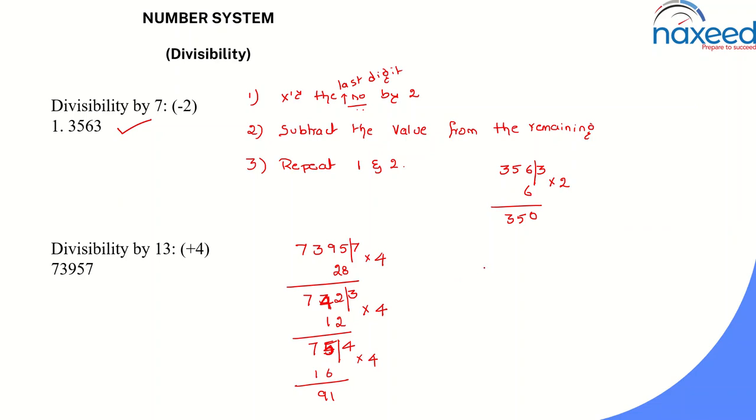That is, 7 times 13 is 91. So this whole number is divisible by 13.